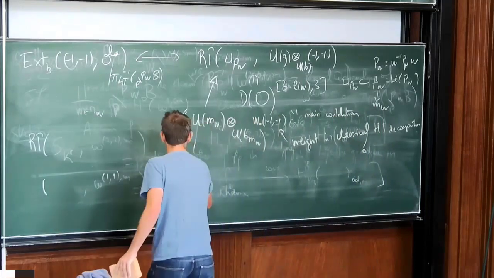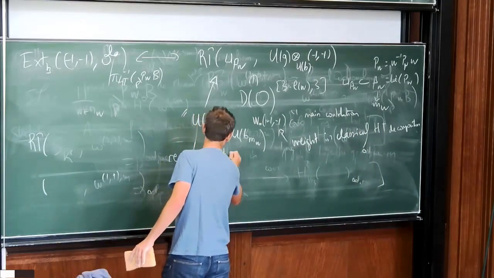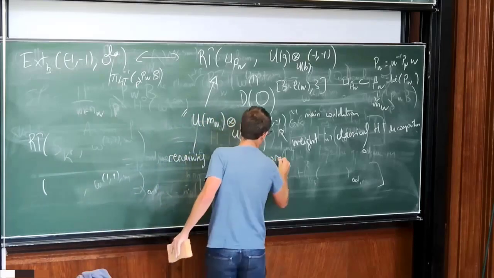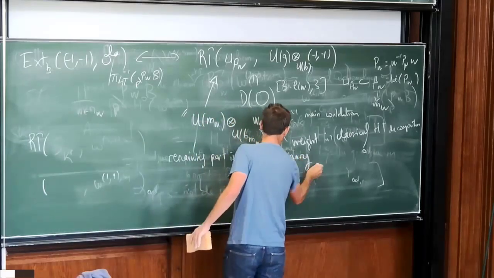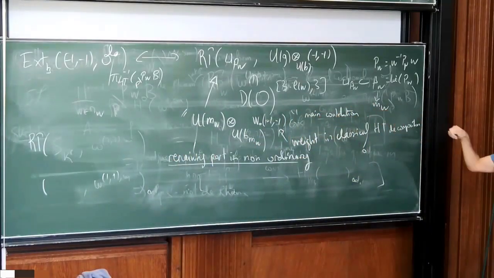But the remaining part is non-ordinary. I believe that the remaining part is quite interesting. For example, if you want to study triangulations and critical triangulations of Galois representations, it's clearly very interesting, but here we're doing ordinary things.